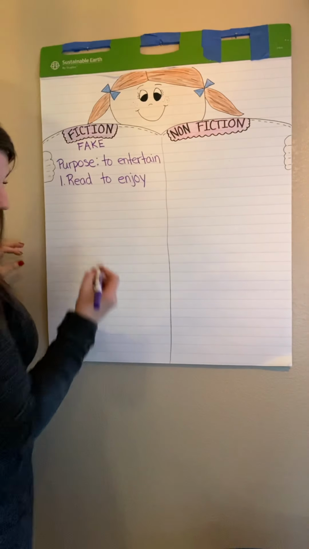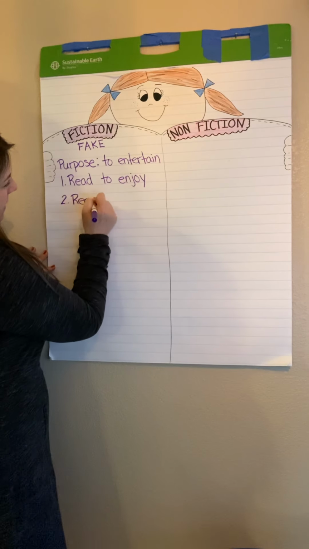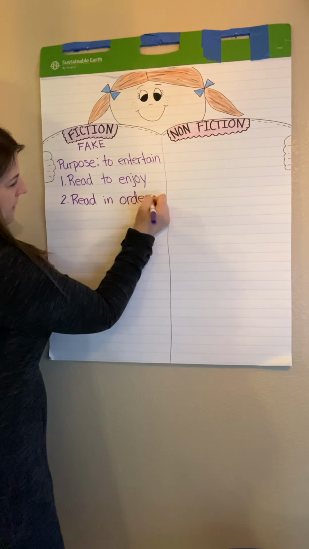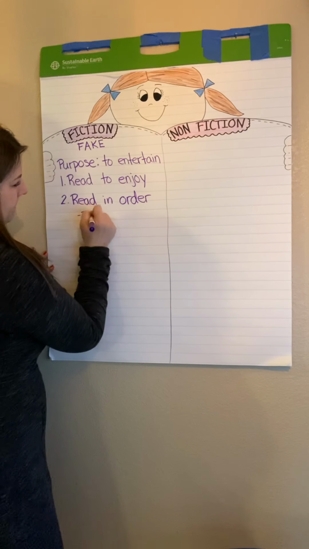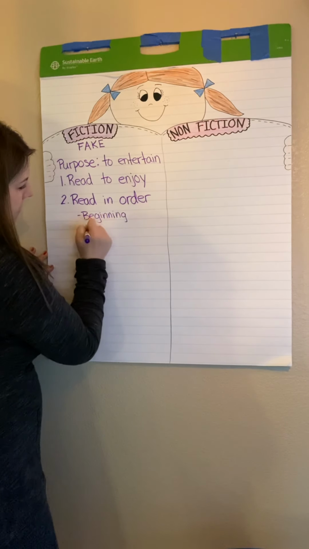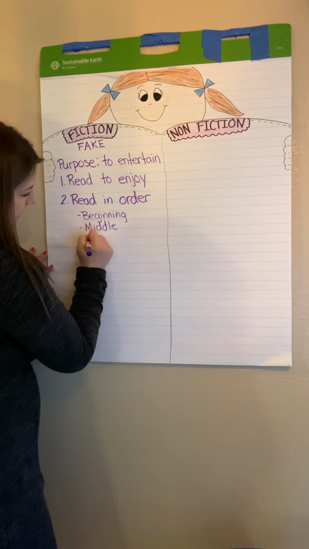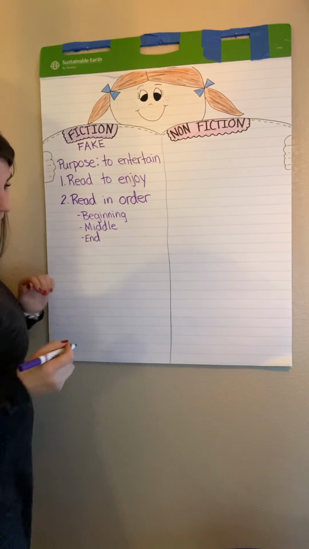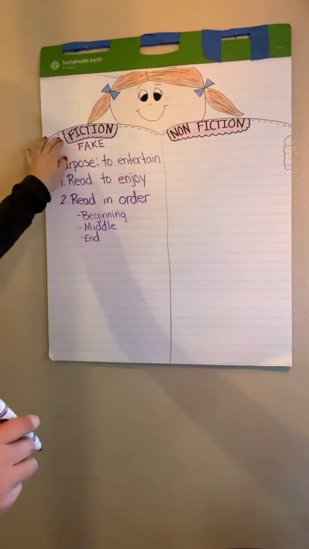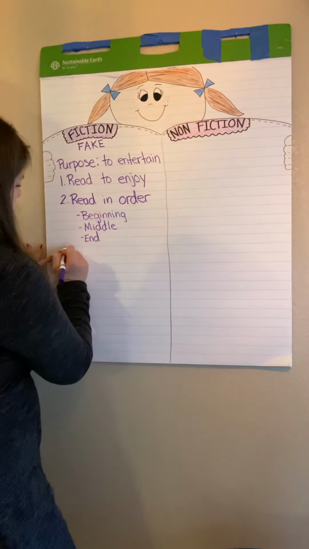Okay, so read in order. Beginning, middle, end. Okay, so we have our beginning, middle, end. In a fiction, fake story, there are story elements, okay?